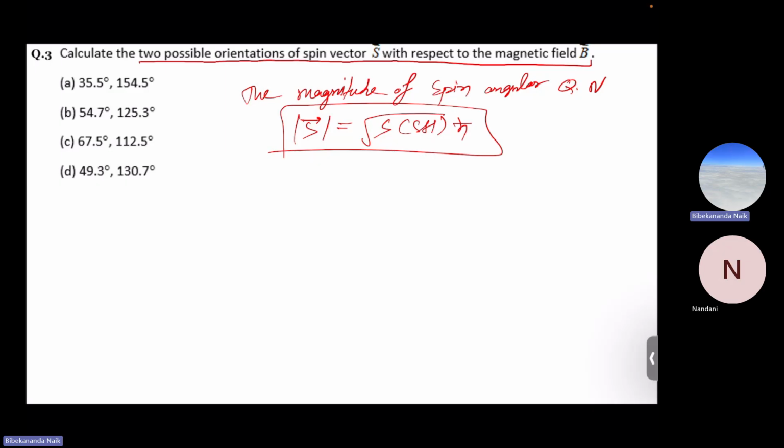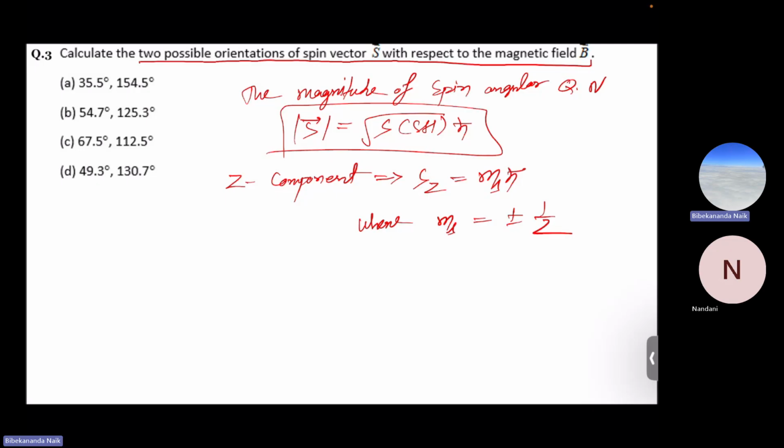So what will be its Z component? Its Z component will be Sz equal to Ms h cross, where Ms is plus minus half.